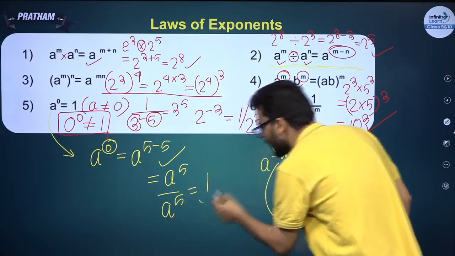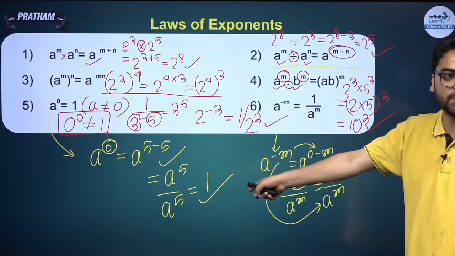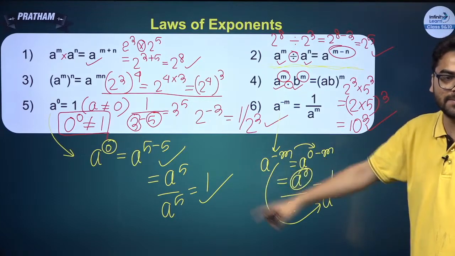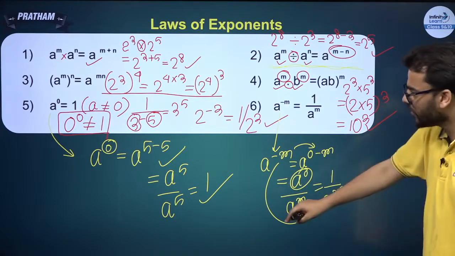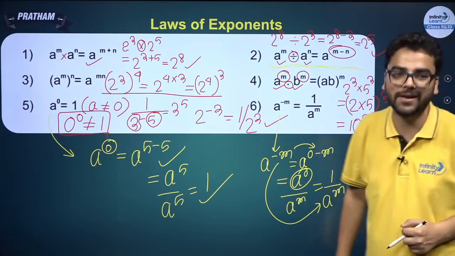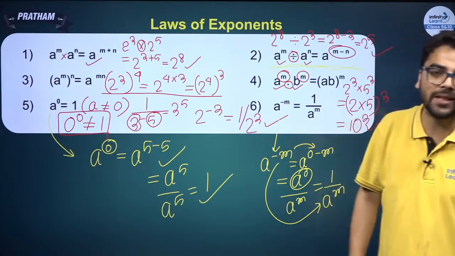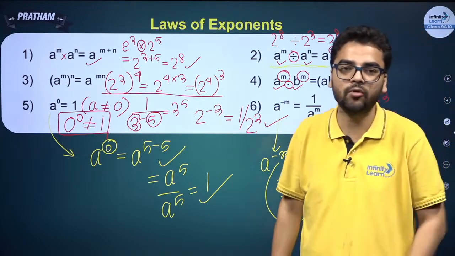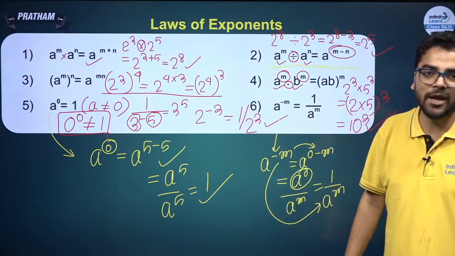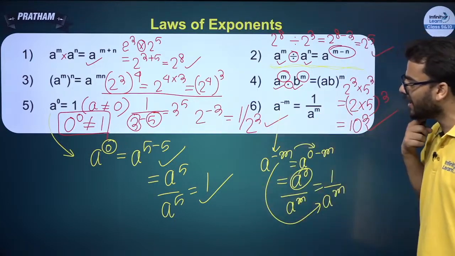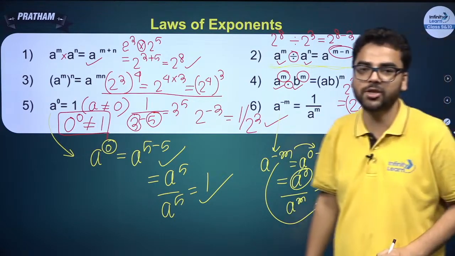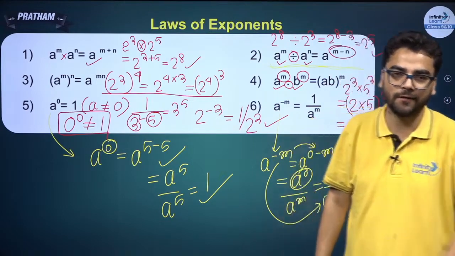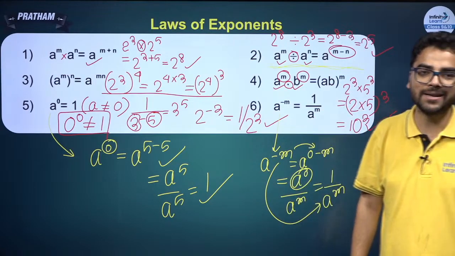Yes or no? So, I'll get 1 only. So, have you got its proof as well? It's a very simple thing, right? Although nobody is going to ask the proof, but you must know it. I hope there is no doubt in these concepts, guys. Is there any doubt? So these are the laws of exponents which you must understand, and we'll be doing questions on the basis of these laws of exponents. I hope that is clear.